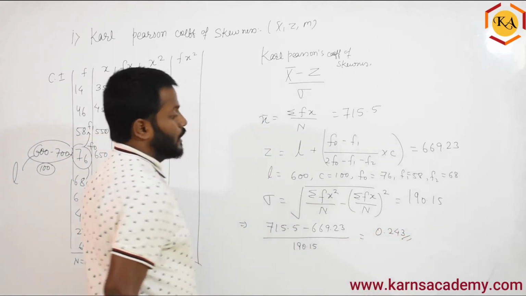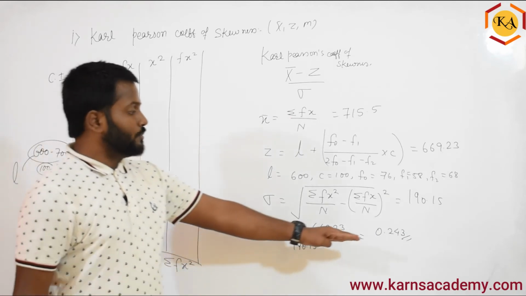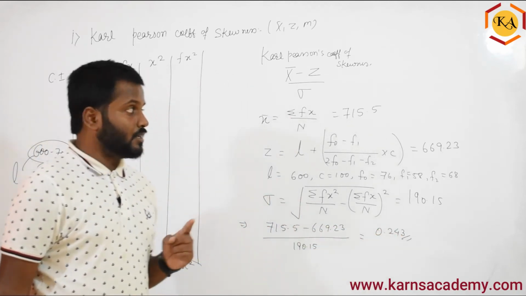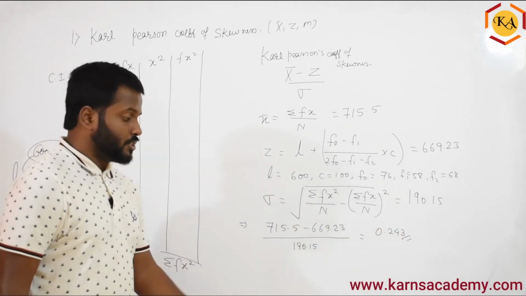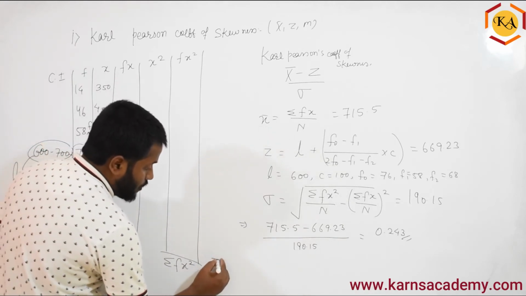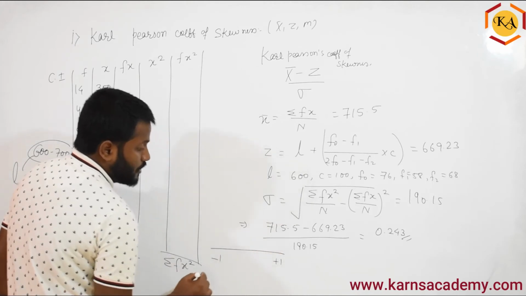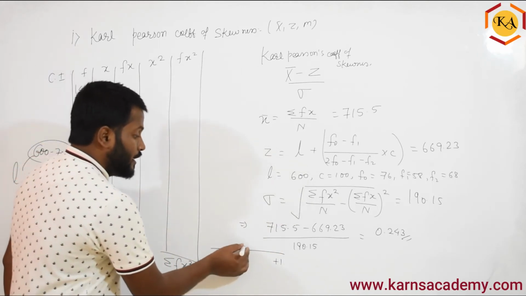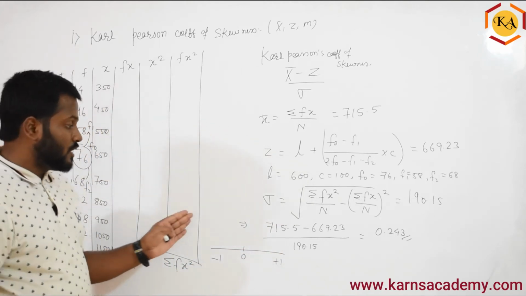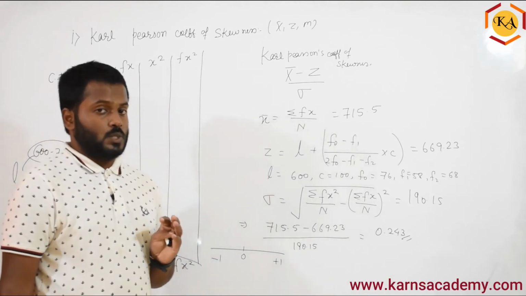0.243. Now, once you obtain this answer, remember in Karl Pearson coefficient of skewness, your answer will be from minus 1 to plus 1. Always in between minus 1 and plus 1. It will never be less than minus 1, and never greater than plus 1.